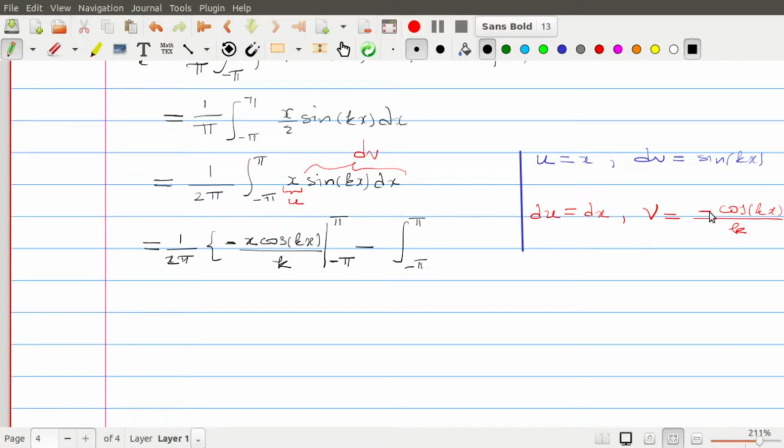Now what is v? V is negative. With this negative I can put positive there, and du is this one, so this will be cosine kx by k into dx.